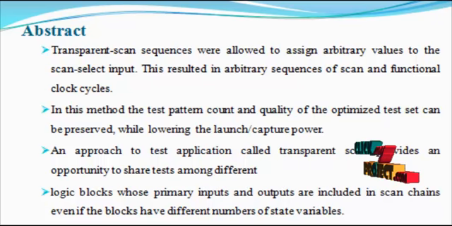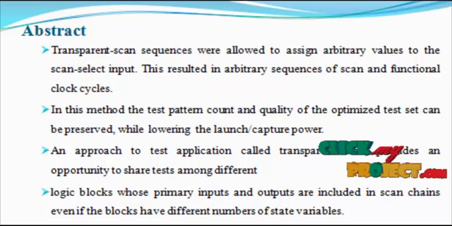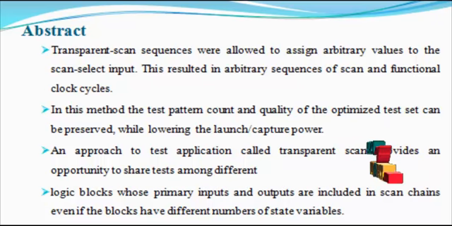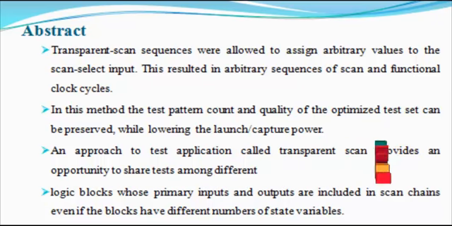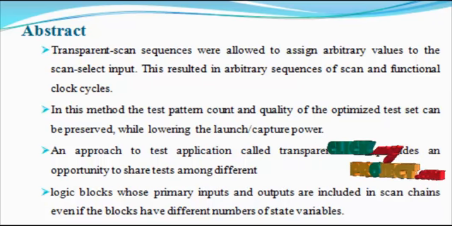An approach to test application called transparent scan provides an opportunity to share the test among different logic blocks whose primary inputs and outputs are included in the scan chain, even if the blocks have different numbers of state variables.